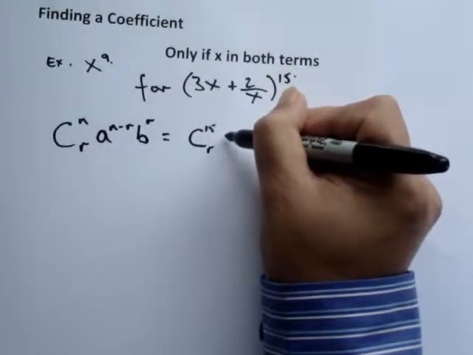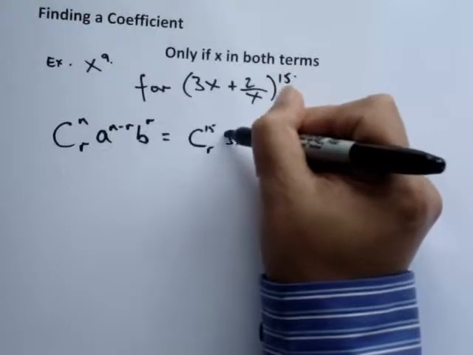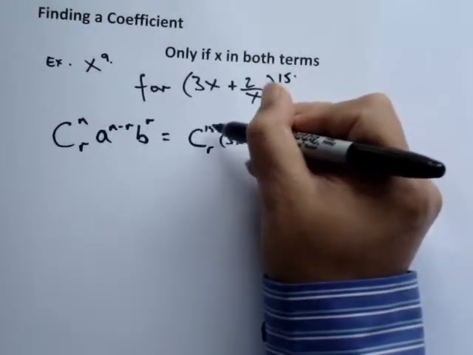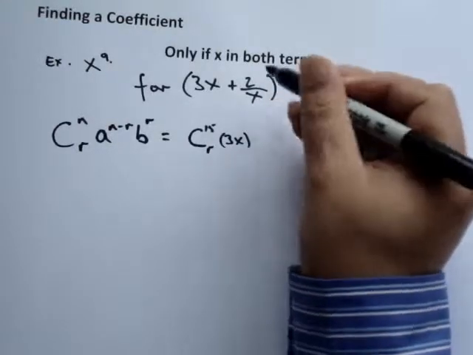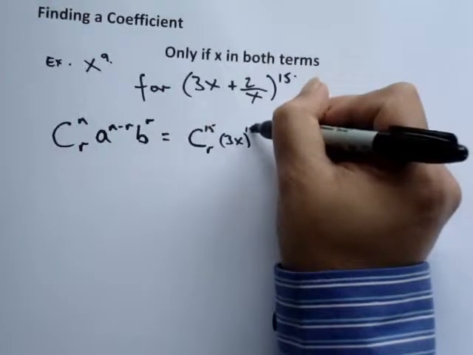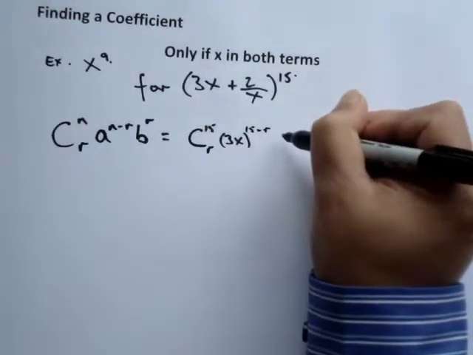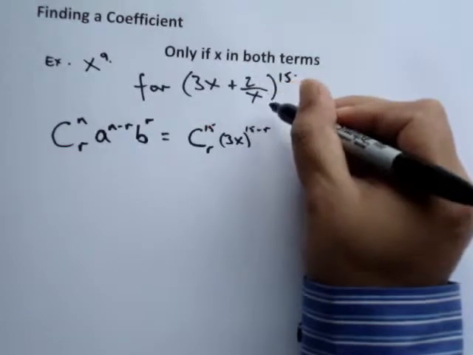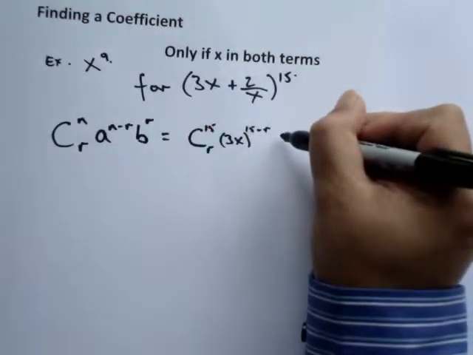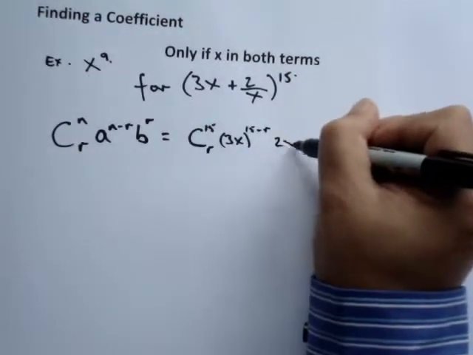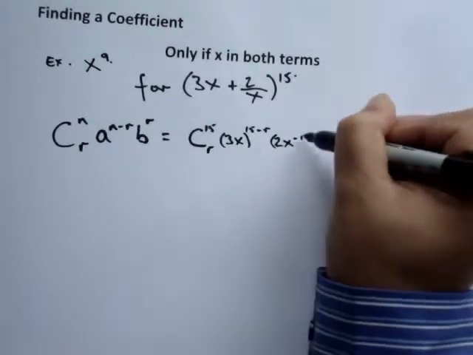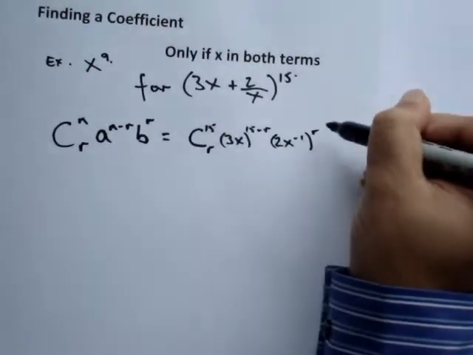Our a value is 3x, and that would be to the n minus r, so that's 15 minus r. And our y value, or our b value, is 2 over x, or 2x to the minus 1, and that would be to the r.